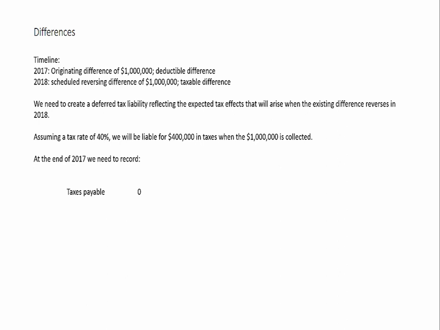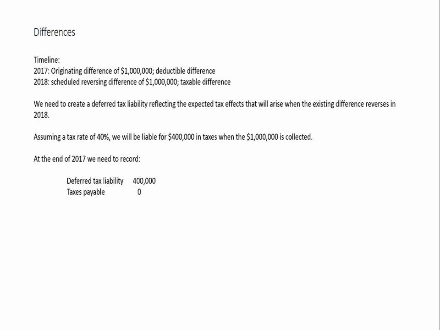Step 1 is to determine how much you owe the government at the current time. Now at the end of 2017, we haven't collected any money from our client yet, so we don't owe the government anything. So taxes payable is 0. Next, we look at our schedule of future reversing differences that are reversing existing originating differences, and ask how these reversing differences will affect my tax bill in the future.